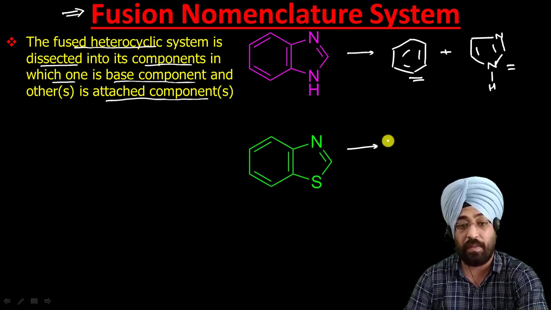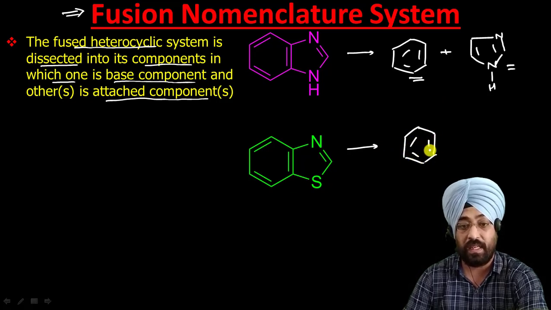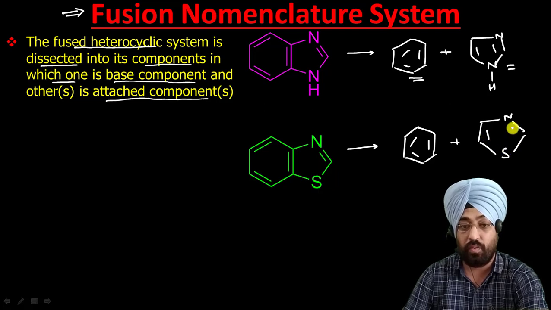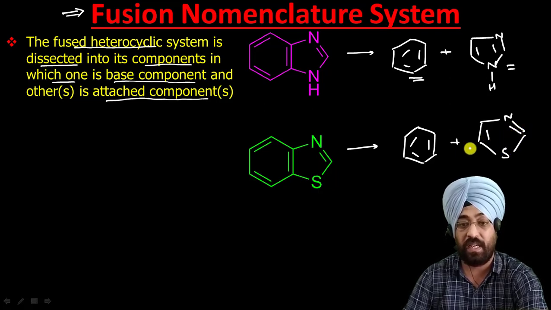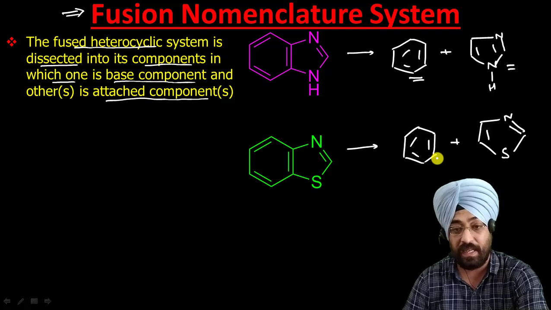Similarly, this can be dissected into two components, benzene plus this. So these are the two structures into which it can be dissected.